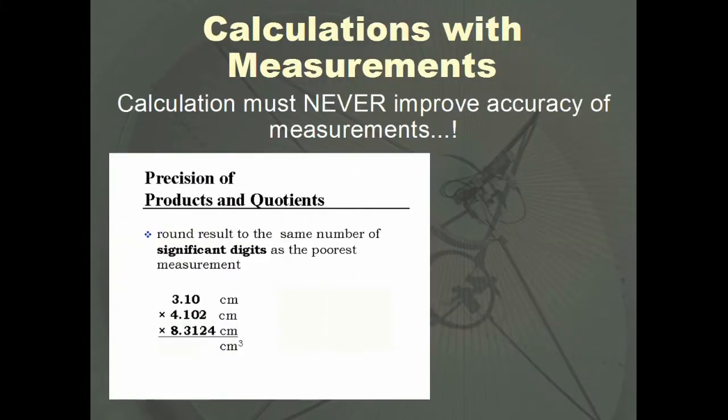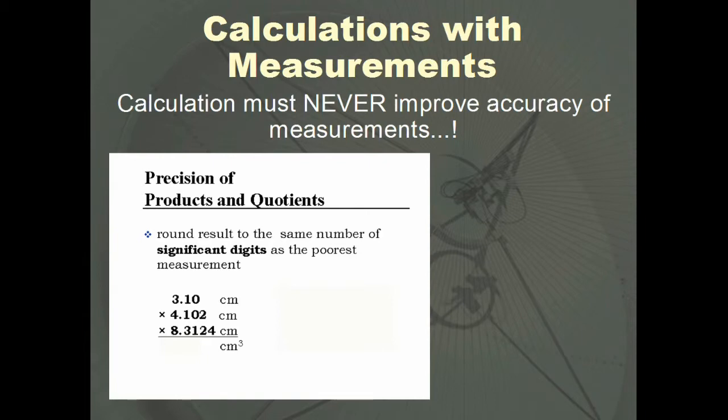Now, we can go a step beyond measurements, and that is doing some calculations with our measurements. But there is a very, very important rule. My calculations can never improve the accuracy or precision of my measurements.